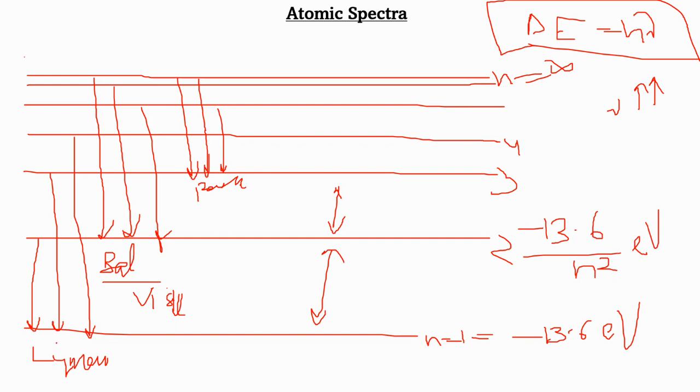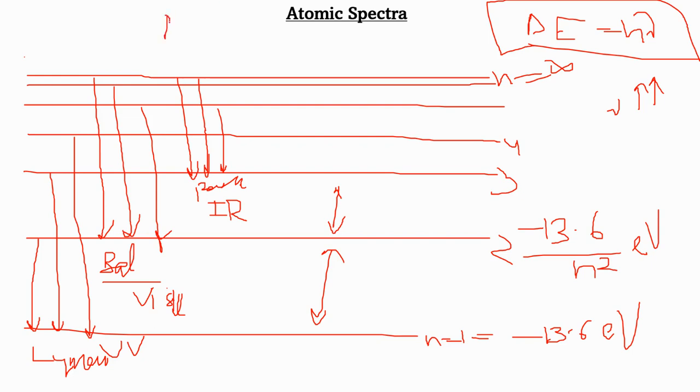So the Lyman series lies in the ultraviolet region, the Balmer series lies in the visible region, and the Paschen series lies in the infrared region. There was a constant which was very important to analyze all these spectra. Generally a spectrum is represented in terms of either wave number, wavelength or frequency, and all these expressions contained a constant which was Rydberg's constant.